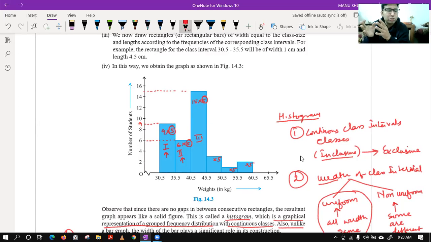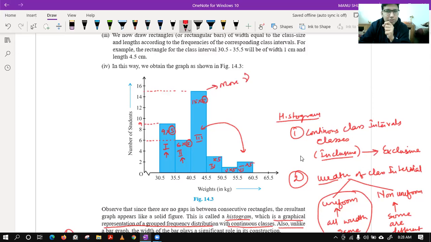They should be proportional. If one thing is larger, its frequency will be larger. That means if I am comparing the third rectangle and this is fourth, this is fifth, and this is sixth. If I am comparing the third rectangle and the sixth rectangle, then obviously it has more frequency.